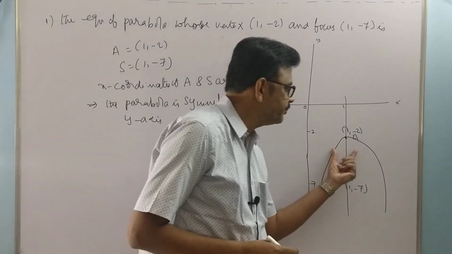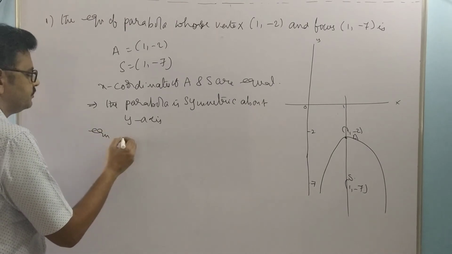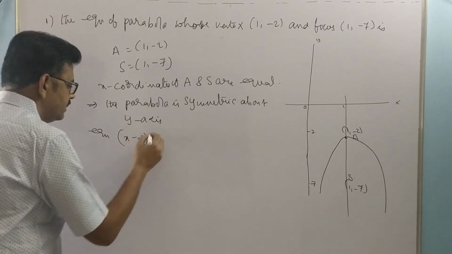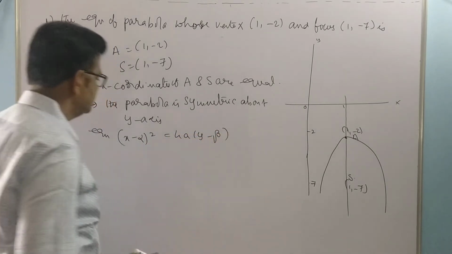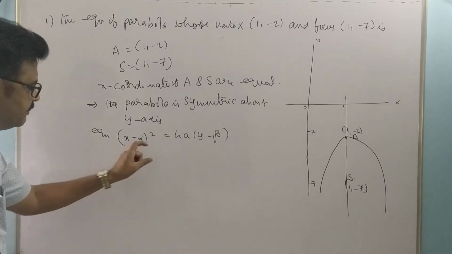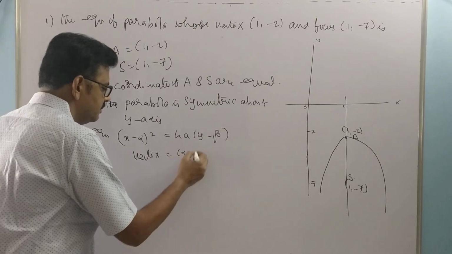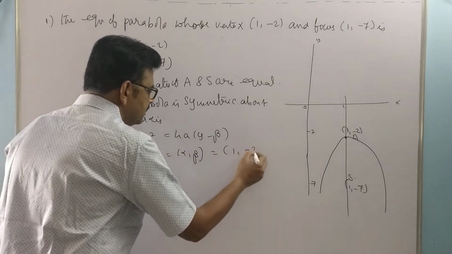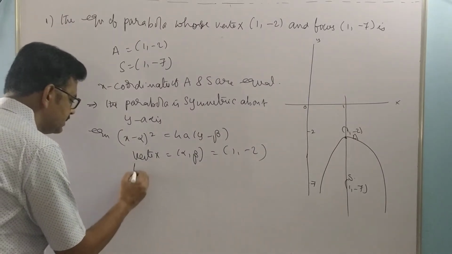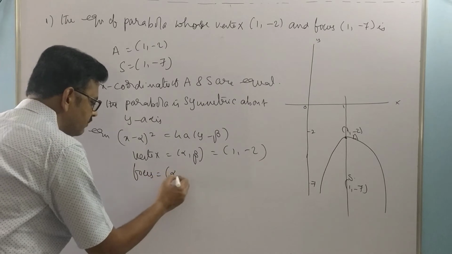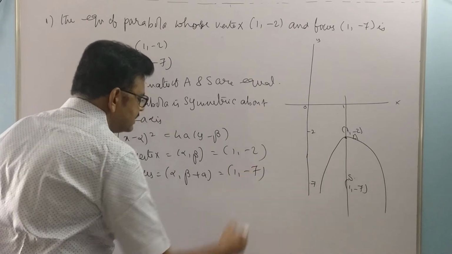So, the equation of the parabola is of the form (x minus alpha) whole square equal to 4a into (y minus beta). This is the equation of the parabola. For this parabola, the vertex is (alpha, beta), which is given as (1, -2), and the focus is (alpha, beta plus a), given as (1, -7).